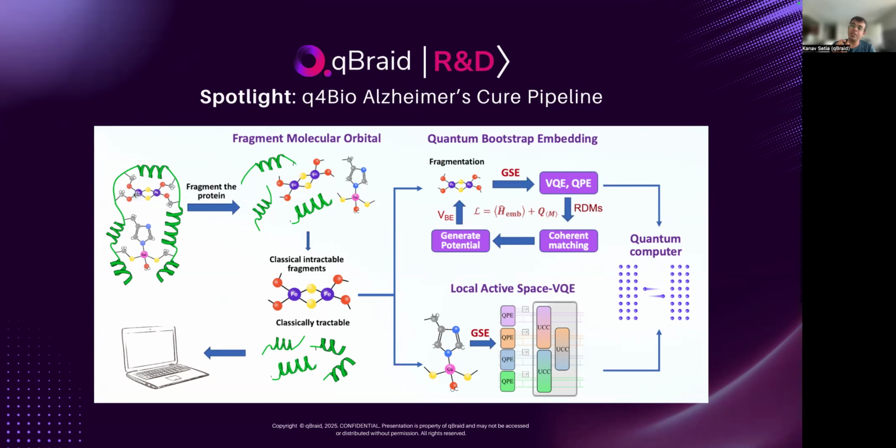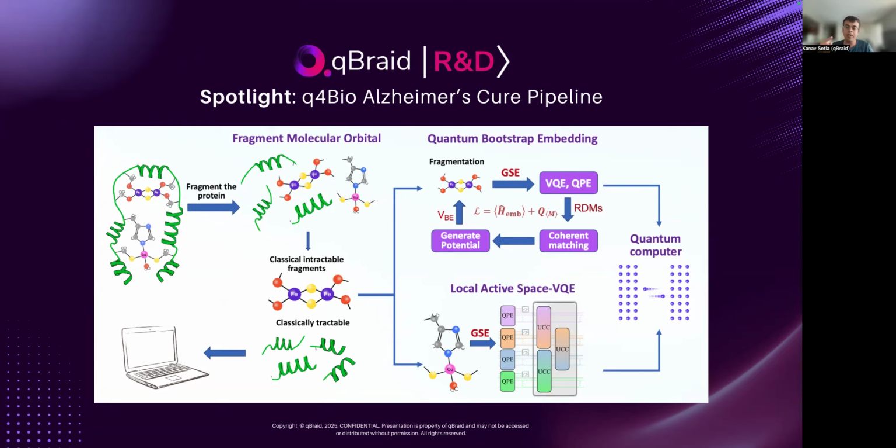So there's this protein which has been known to play a crucial role in Alzheimer's called beta amyloid. And that protein shows up in plaque formation in the brains of patients with Alzheimer's.